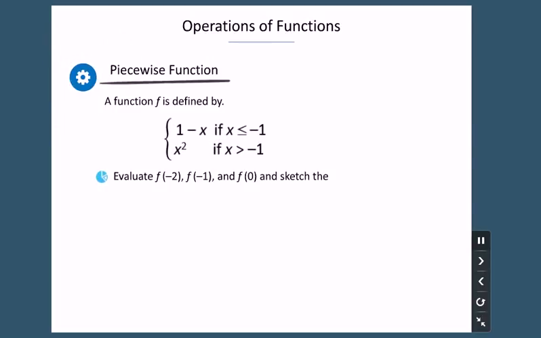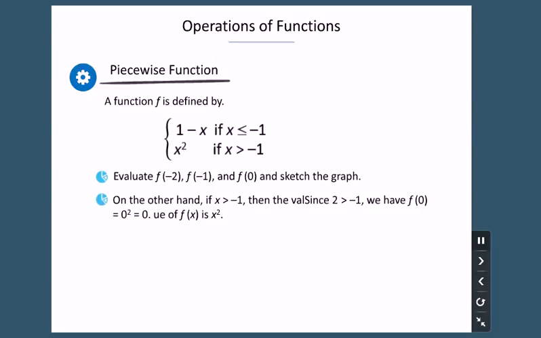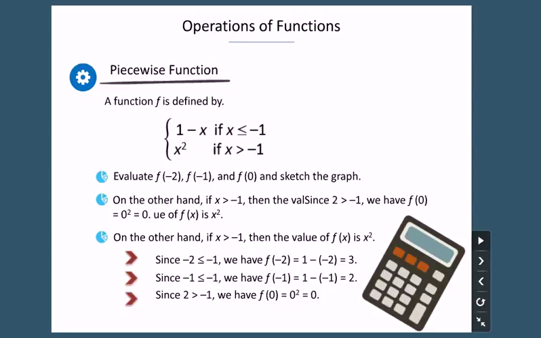Evaluate f(-2), f(-1), and f(0), and sketch the graph. Since 0 is greater than -1, we have f(0) equals 0 squared equals 0. On the other hand, if x is greater than -1, then the value of f(x) is x squared.